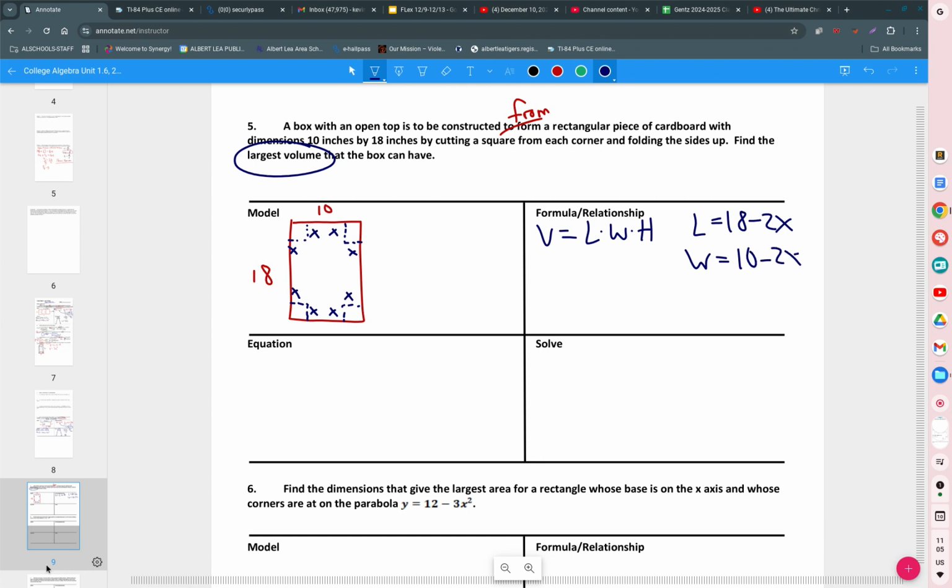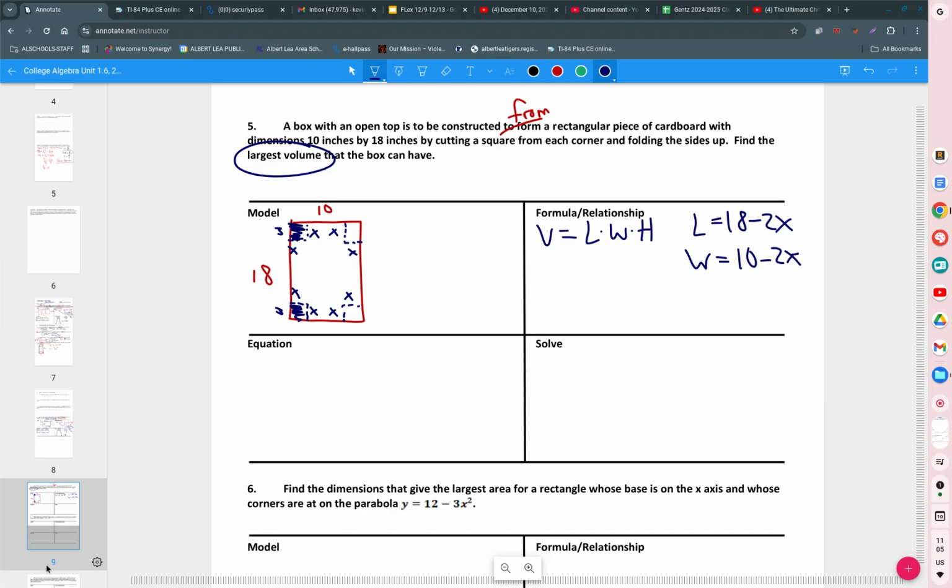So where'd you get the 2x? If you notice, let's say that we cut off a unit of 3 here and a unit of 3 here. There'll be 18 minus 3 and minus 3. So it'll be minus 2 of those 3's. So we're going to cut that off.